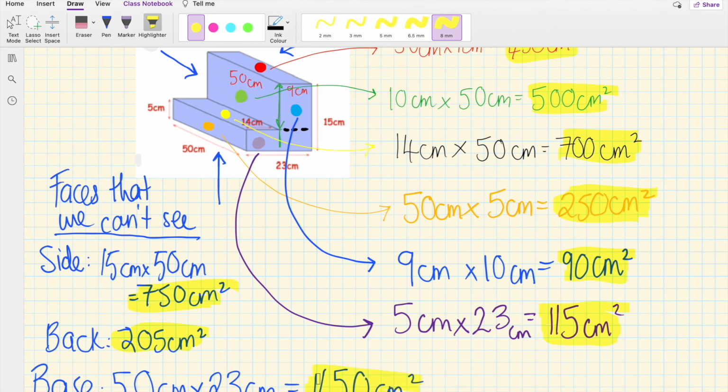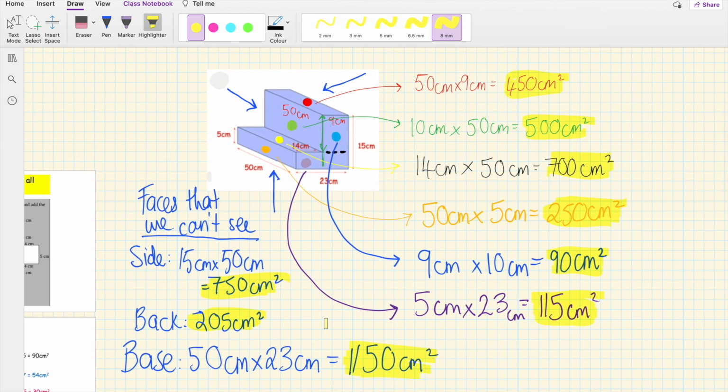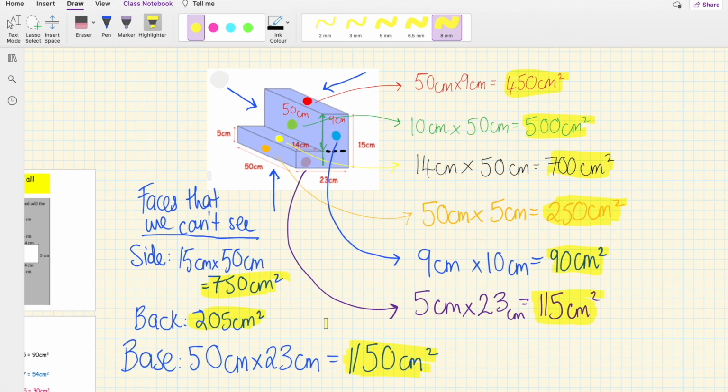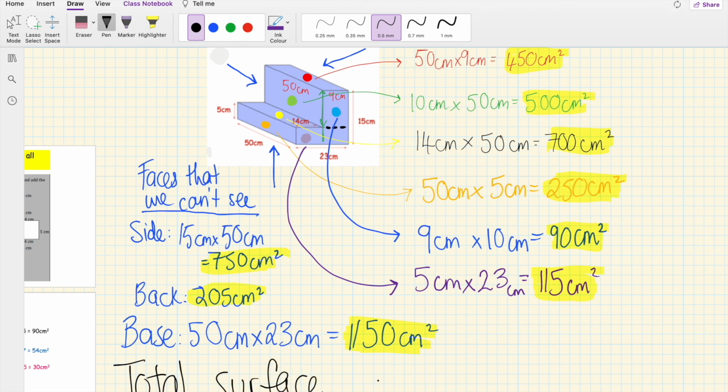Okay, now your final step then is to add all of the areas that we can see in yellow. I'm going to do that using a calculator now. So I'm going to write just underneath here, total surface area, and use a calculator to add those values up.